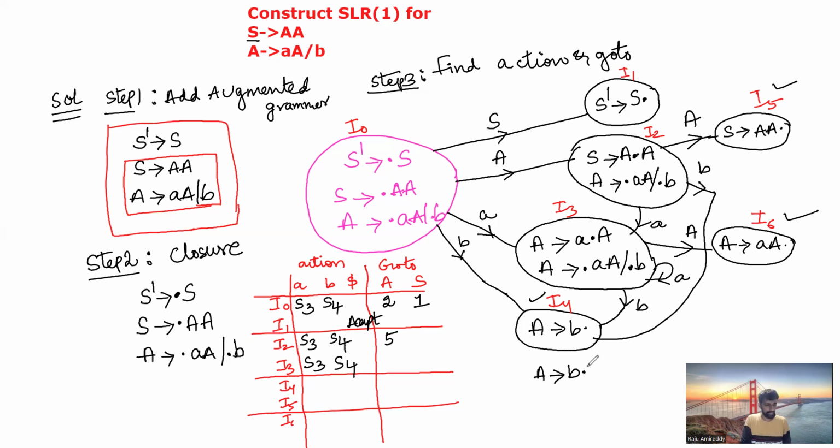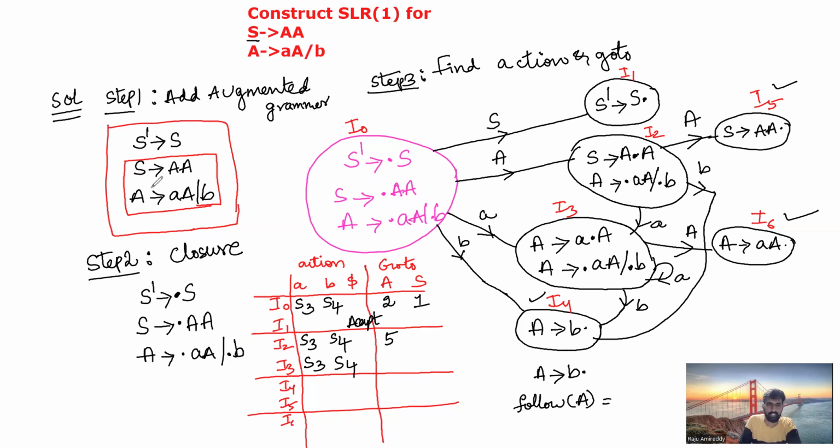Now remember one of the interesting points about SLR: in order to find the position of A tends to B dot, we find the follow of capital A. What is the follow of capital A? How do we find it?